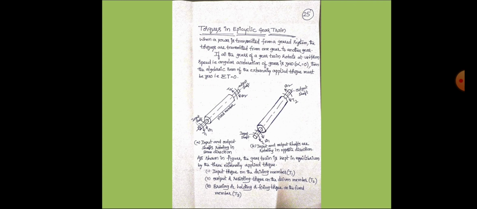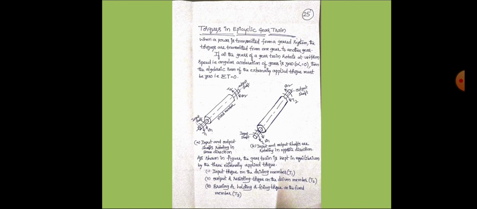Therefore, now briefly in 5 minutes, let us understand how to find the torque, especially in the case of an epicyclic gear train, because you can calculate the velocity ratio. Now you can calculate the number of T's, you can calculate the speed of any element in the given gear train, and you know that gear trains are mainly used whenever power is to be transmitted from one shaft to another shaft. So whenever there is power transmission, definitely there is a torque.